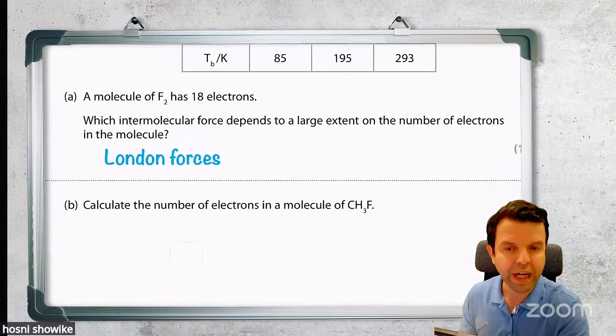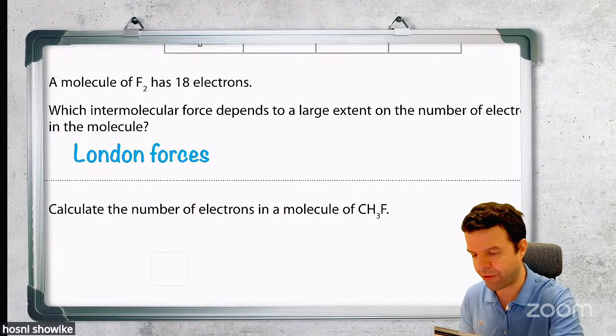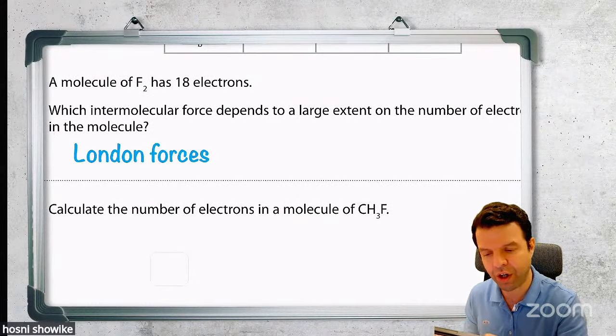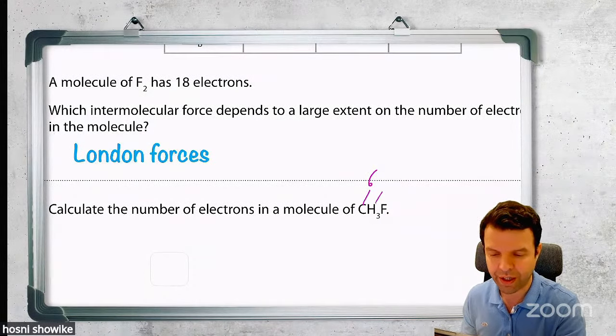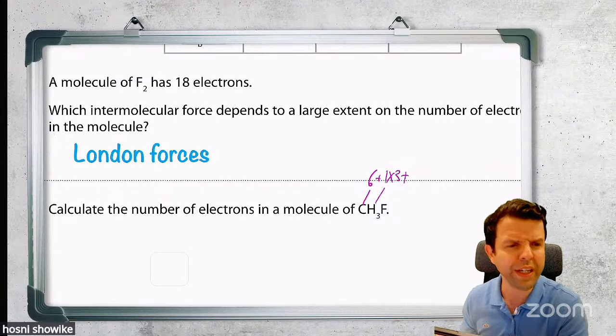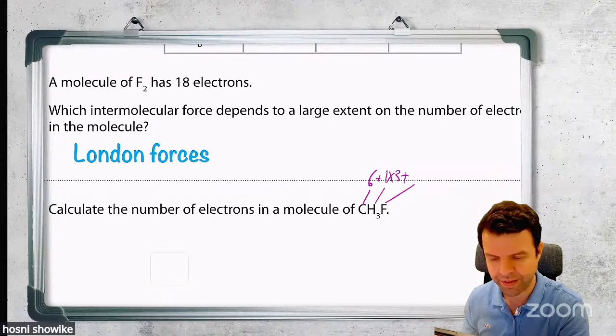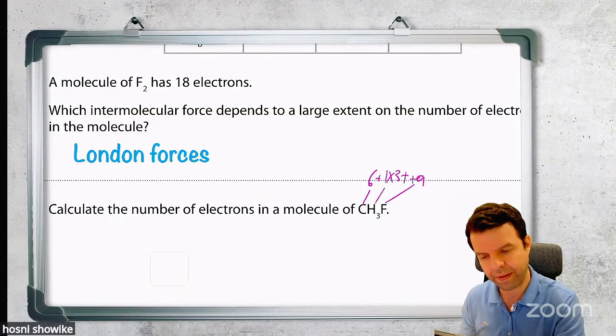They want me to calculate how many electrons are there in CH3F. How many electrons do you have in carbon? Carbon got 6, right? Hydrogen has 1 times 3. Fluorine's atomic number is 9, right? So total here is 18.